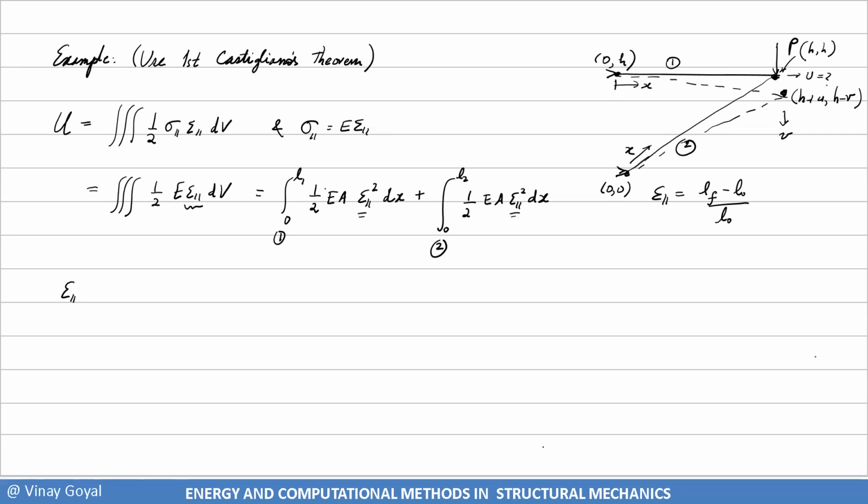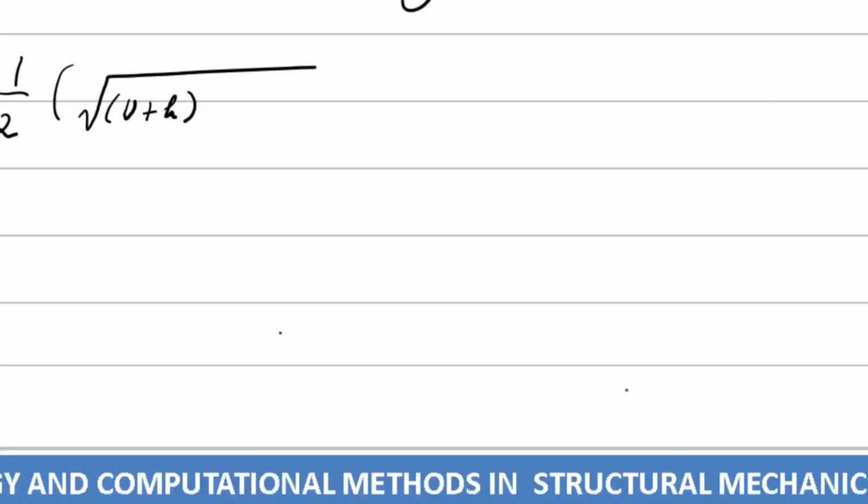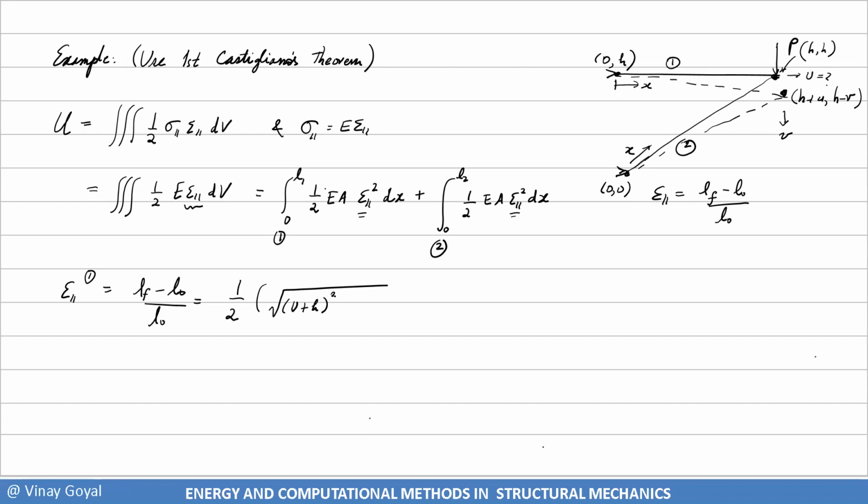So it should be very easy to find the strain in bar 1. Final length minus initial length divided by initial length. And for that, I get 1/2. And I can look at the distance to figure that out. The square root of (U plus H) squared plus V squared, minus H. And this is not 2, this is H. So the initial length is H for bar 1.